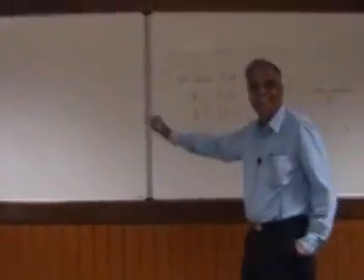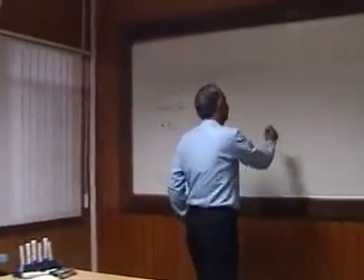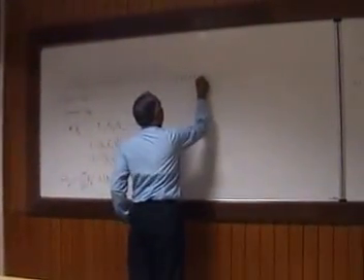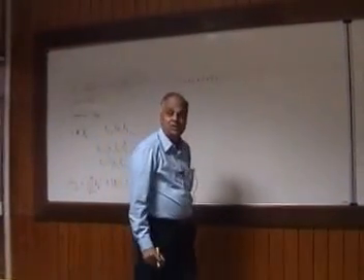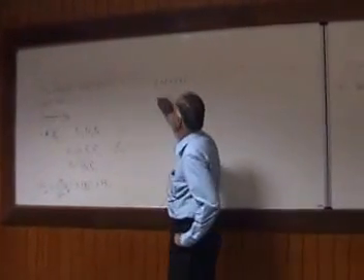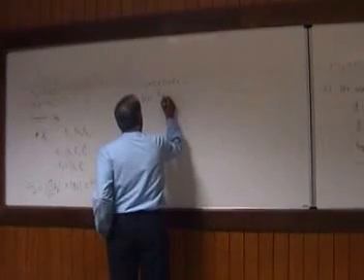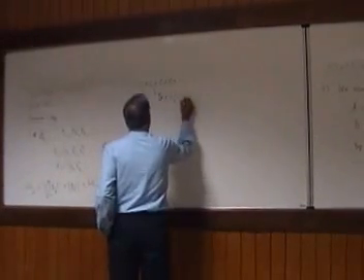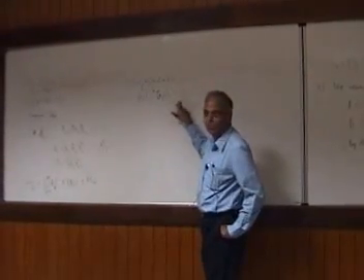Aleph naught plus aleph naught plus aleph naught, however many times you add aleph naught, nothing is going to happen. What about C plus C plus C plus C, and so on? You continue any number of times. Take 0 to 1 for this, 1 to 2 for this, 2 to 3 for this, and so on.